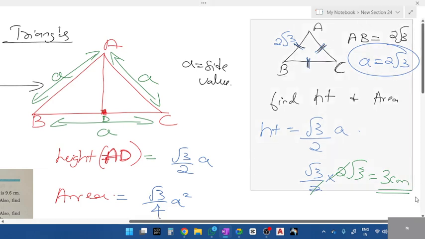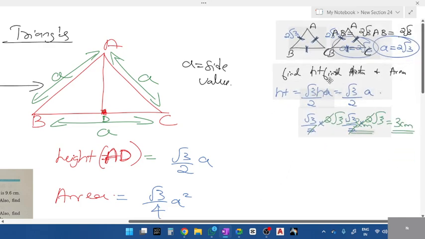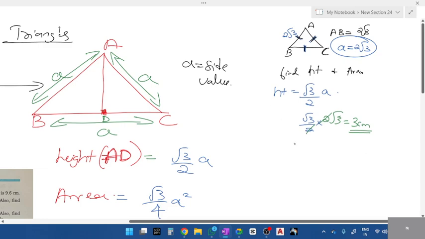Calculate the area, students. a square is nothing but 2 root 3 the whole square.